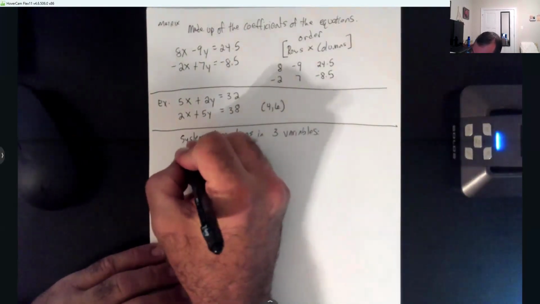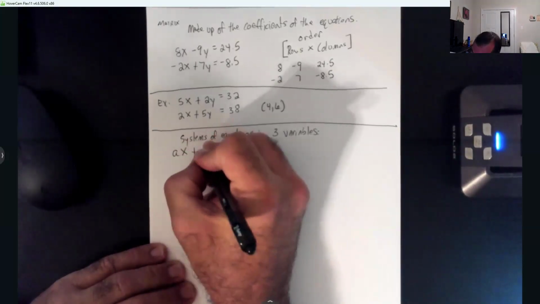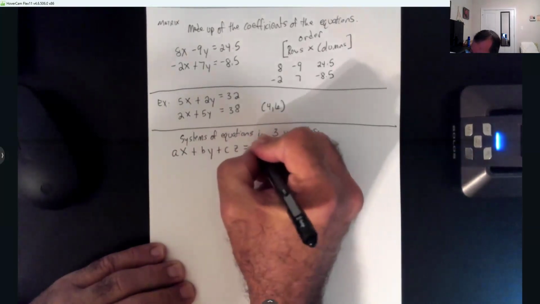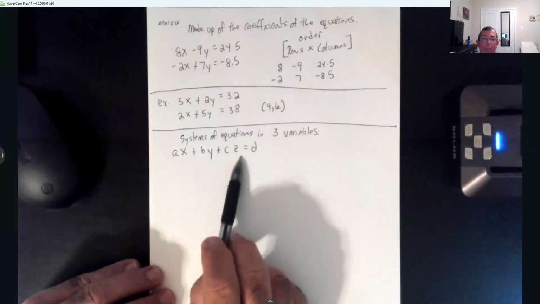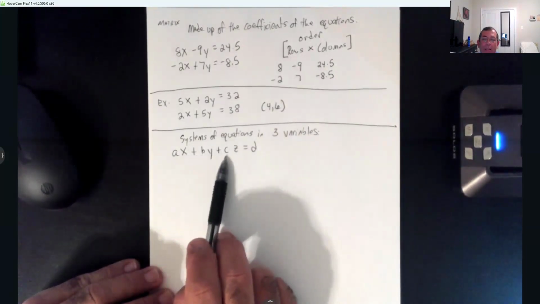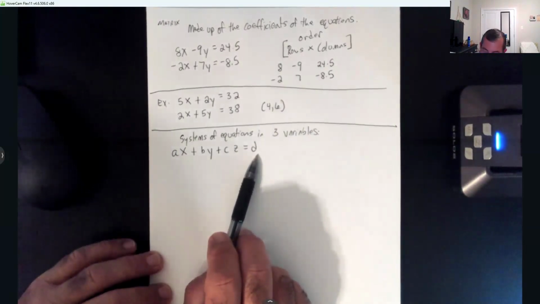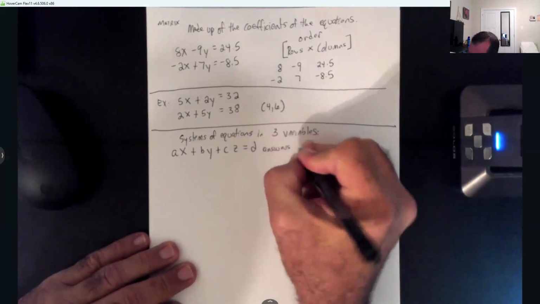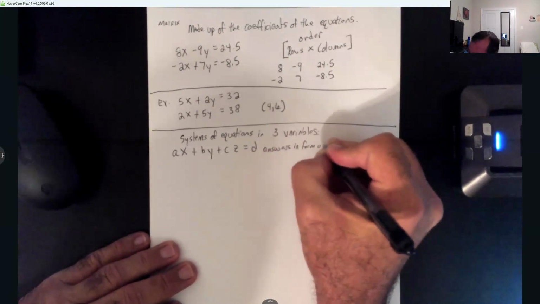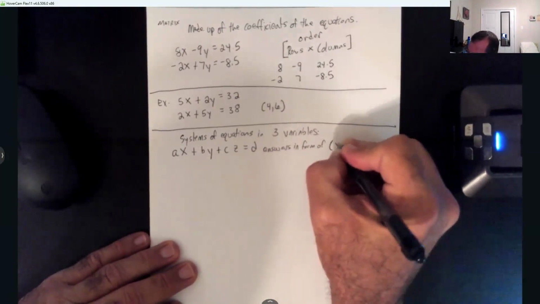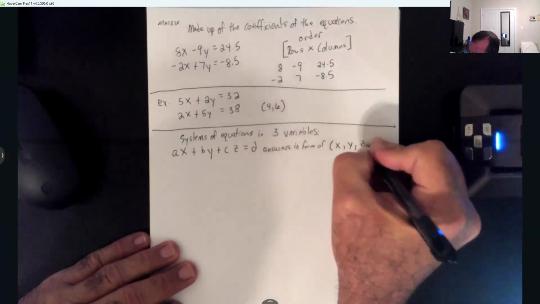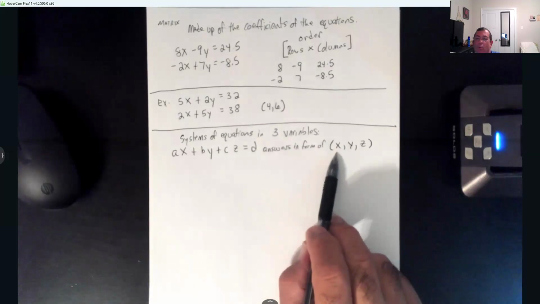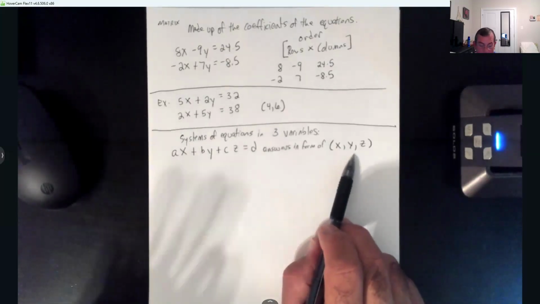So they'll come into this form, AX plus BY plus CZ equals D. So standard form in 3 variables has your X's, the Y's, the Z's, and then that number there. And now these answers are in the form of an ordered triple X, Y, and Z, okay? So with 3 variables, you got what we call an ordered triple instead of an ordered pair.